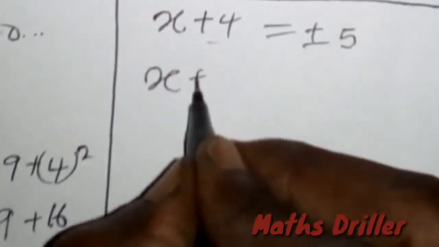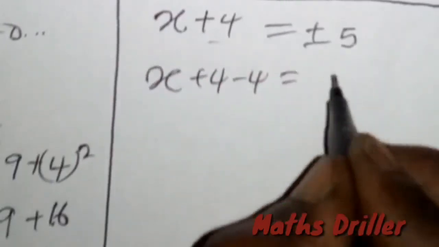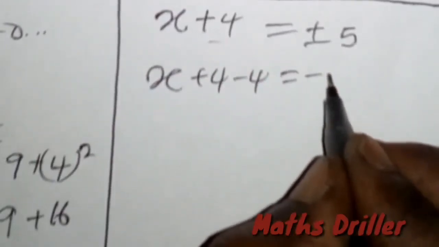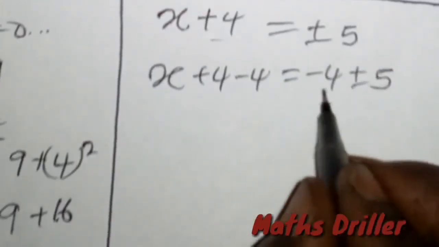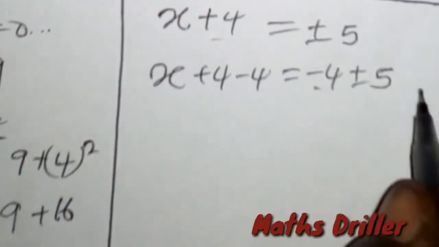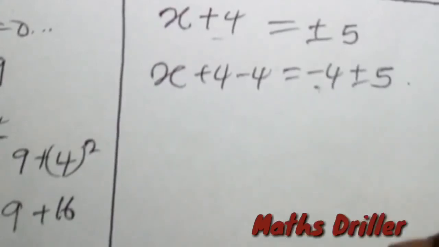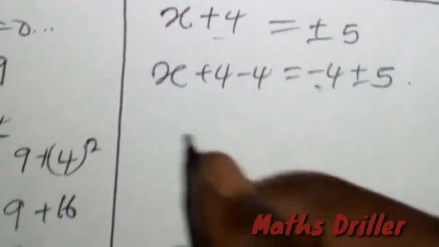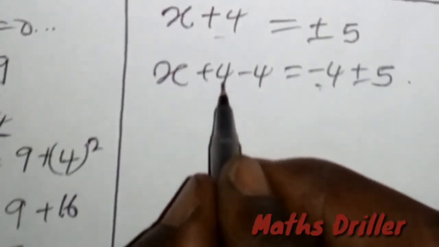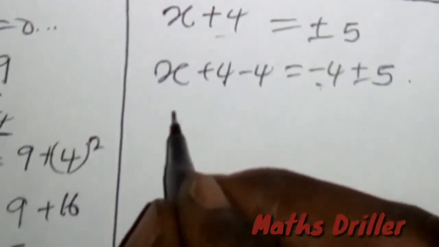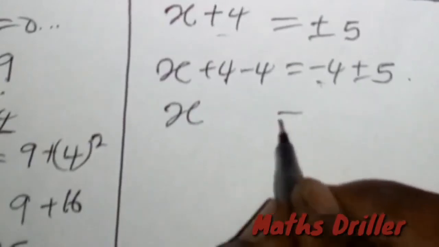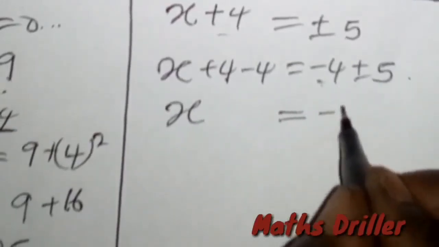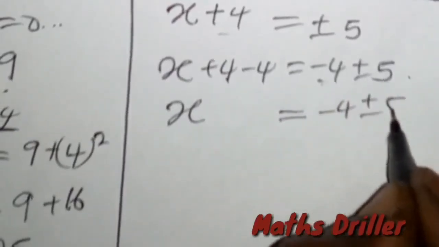We have x plus 4 minus 4 equals minus 4 plus or minus 5. Wherever you place this number, whether here or here, it is all the same thing. It's just addition and subtraction. Therefore you have 4 minus 4 is 0. This side is only x that is left. We have minus 4 plus or minus 5.